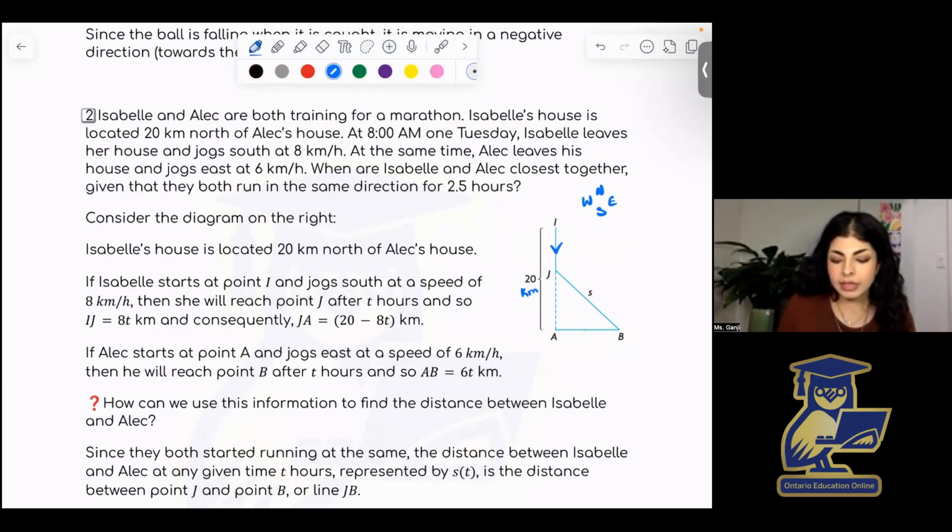And Alec leaves his house and he's jogging east this way. Eventually, at one point, Isabel will be at point J and Alec will be at point B. And we want to know at which time this distance is minimized. They are the closest together when the distance between them is the least.